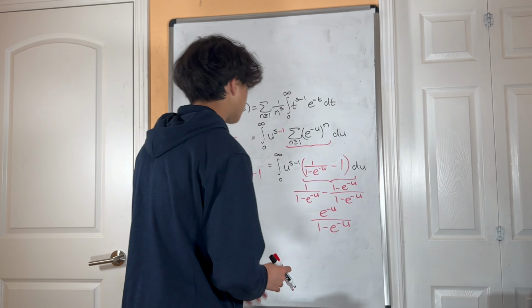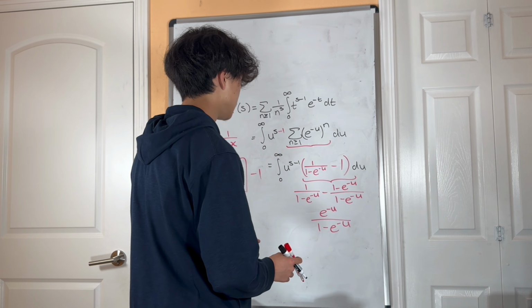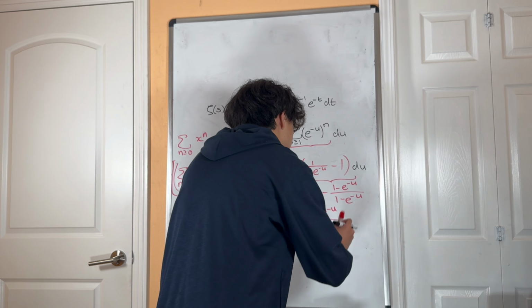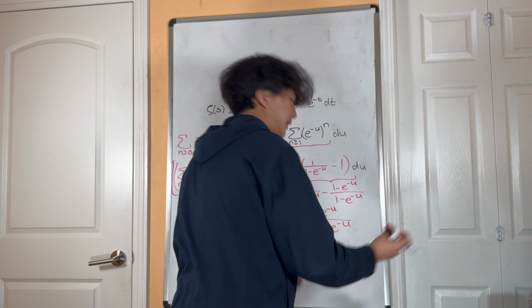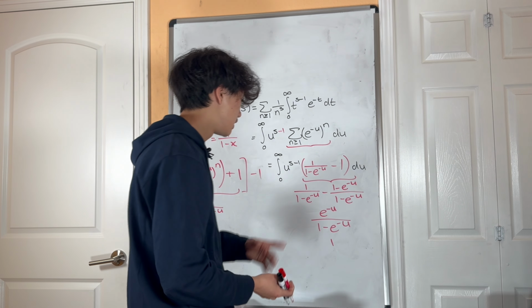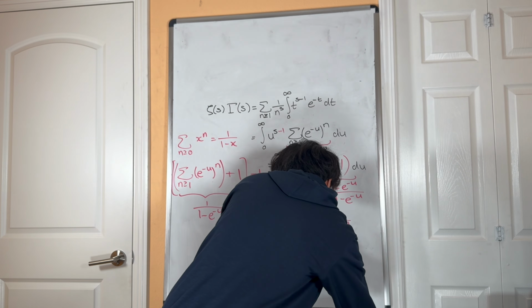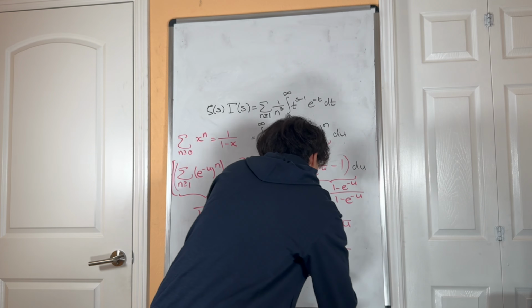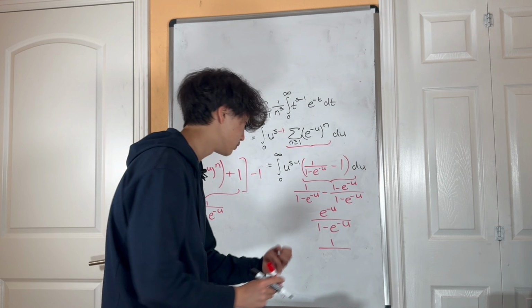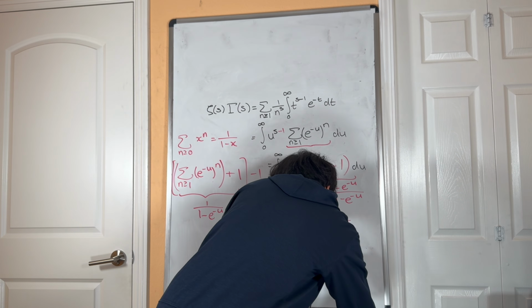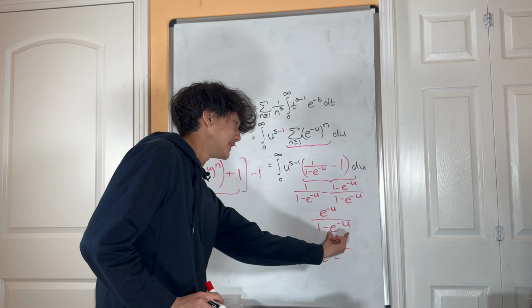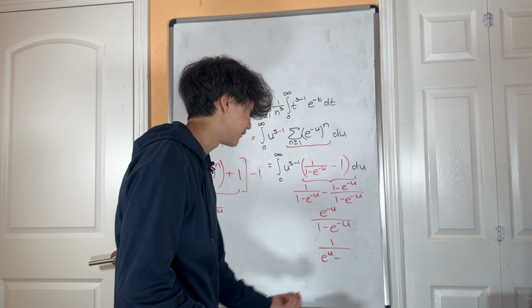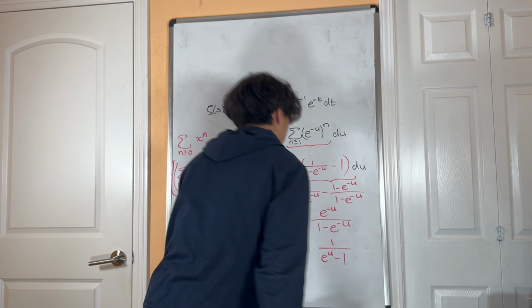When you do that, e to the negative u just goes to 1 because they're multiplicative inverses. And then this 1, when you multiply by e to the u, is just going to go to e to the u. And then once again, this right here is e to the u's multiplicative inverse. It's going to just return 1.